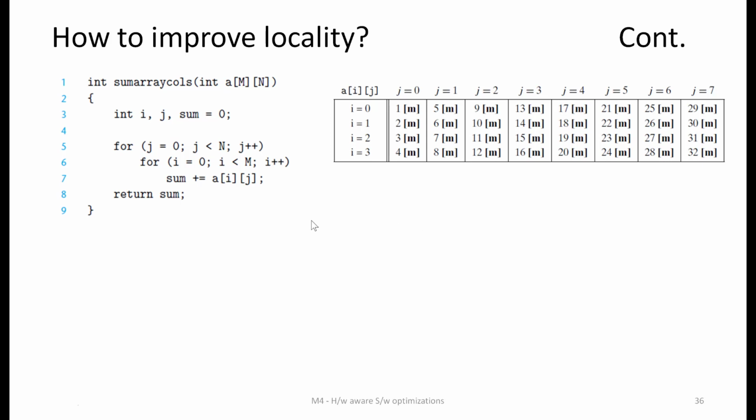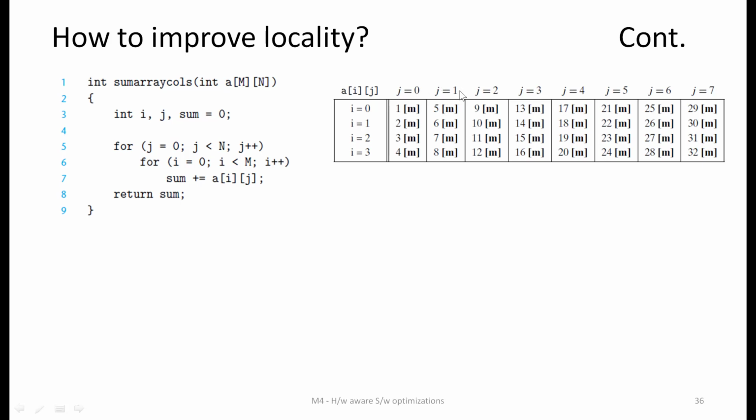Now let's assume that the cache size is only 16 of these array elements. In that case, when we are in the second iteration of the j loop, we would be trying to access... let's take the worst case scenario wherein the cache capacity is only one block, for example.